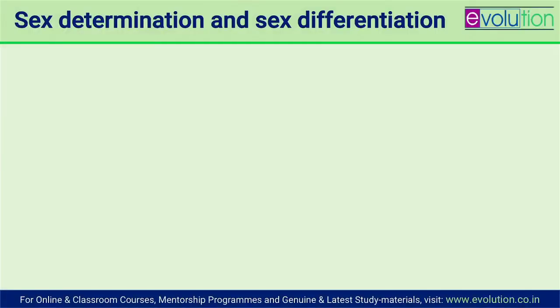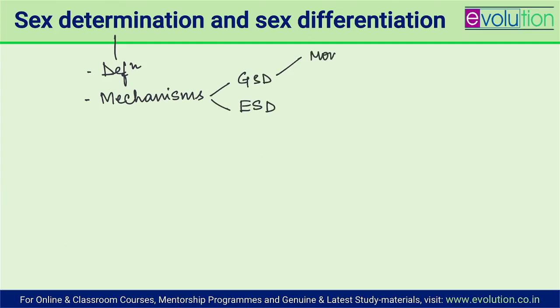So I'm quickly writing what I just now explained to you. In sex determination, first definition, then mechanisms. In mechanisms, genetic sex determination and environmental sex determination. In genetic sex determination, monogenic sex determination, sex chromosome based sex determination, and autosome based sex determination.